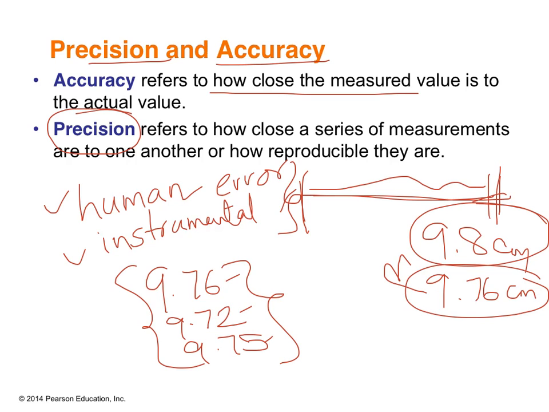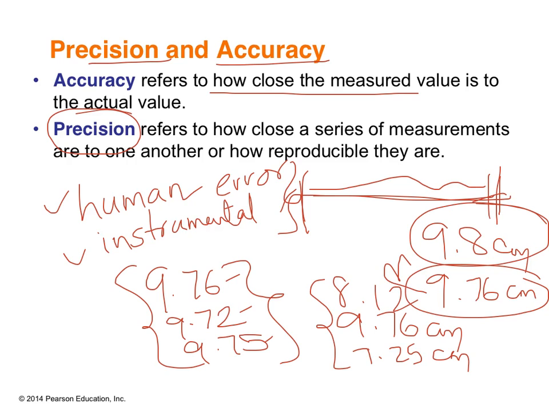But if you got 9.76 centimeters the first time, and say 7.25 the second time and 8.12 the third time, then your results are not very precise.